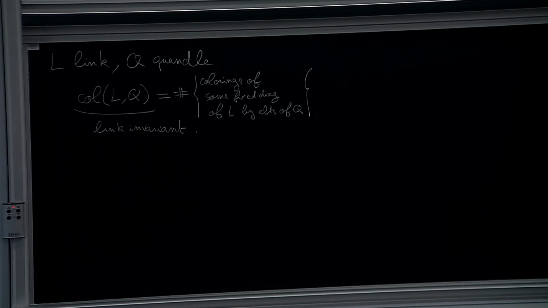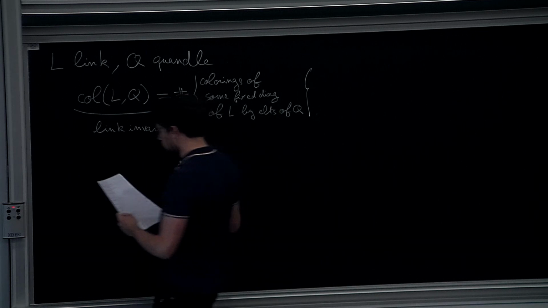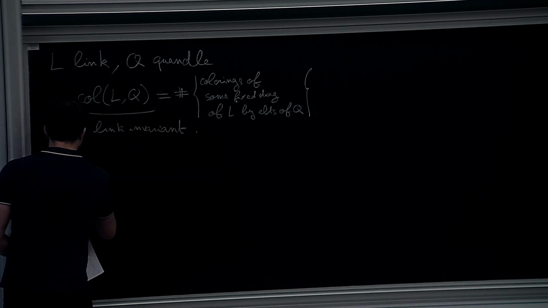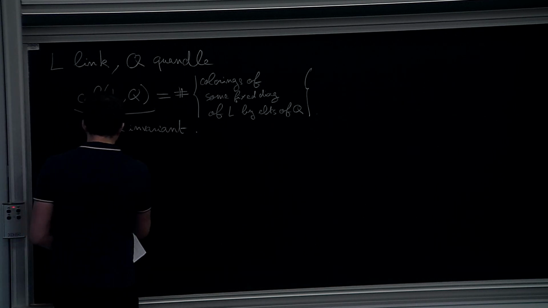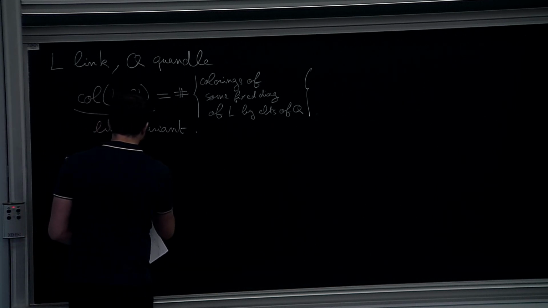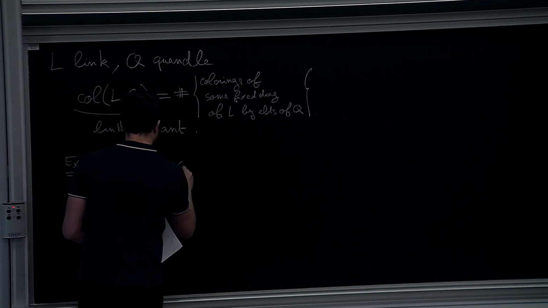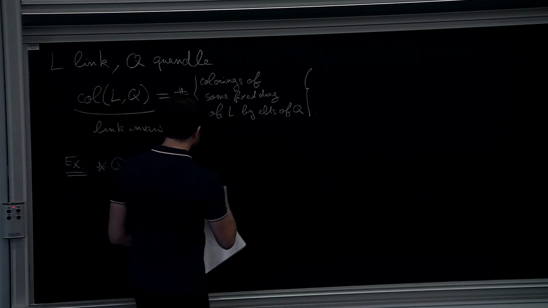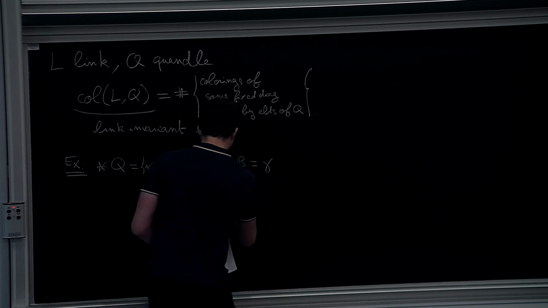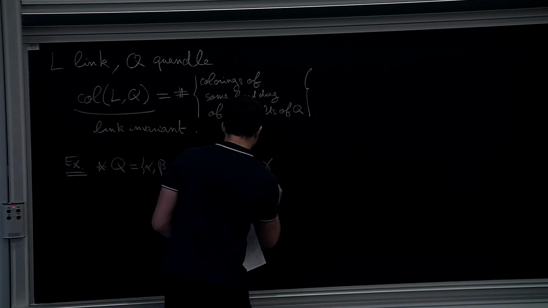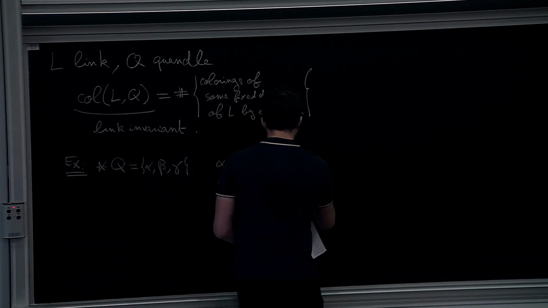Okay, some examples of this, where we can recover some usual stuff. So the first one will be a quandle with 3 elements. And then I will require that one element acts by permuting the other two.